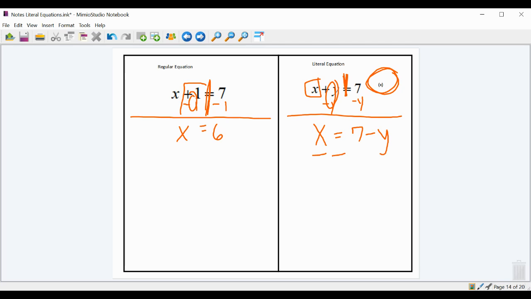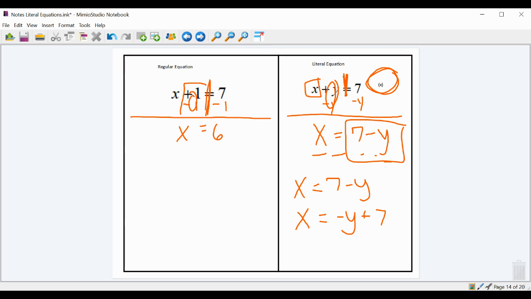X equals 7 minus y. Why can't you combine these two? You can't combine them because one's a constant and one's a variable. They're two separate things. So again, it's x equals 7 minus y, or we can write it as the negative y first and the positive second, or 7 second.